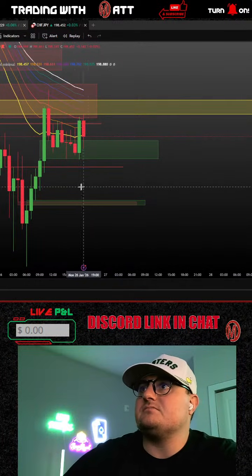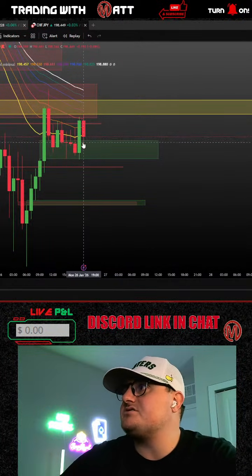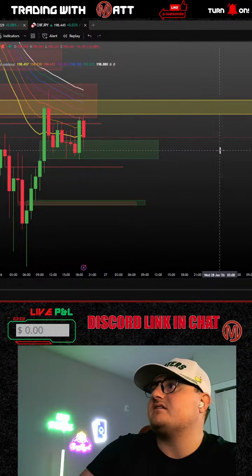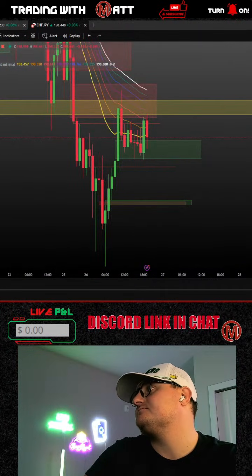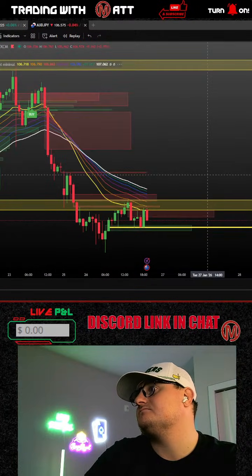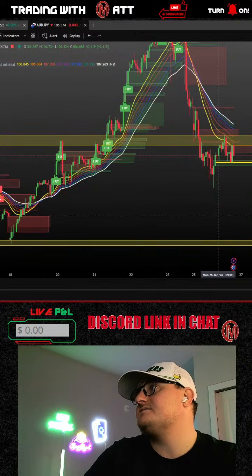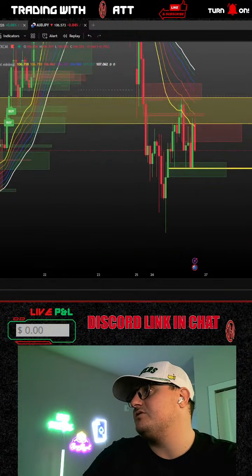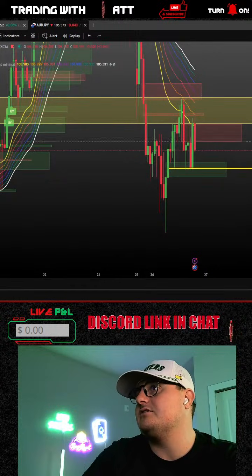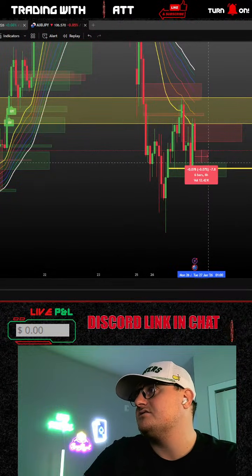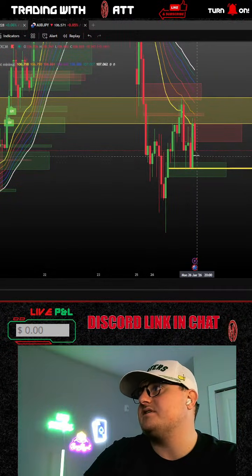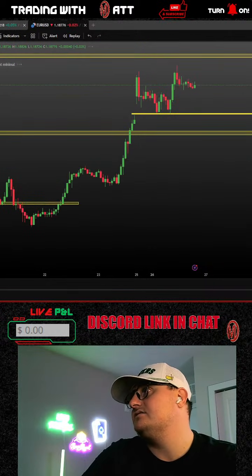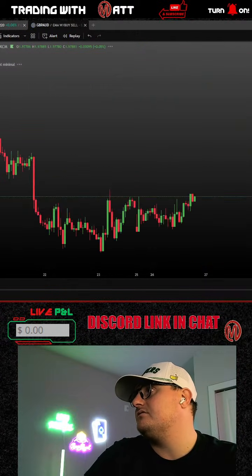It goes against our rules to trade in between fair value gaps like this. You know what I mean, guys? I'm not going to force a trade in between fair value gaps right here. Like, what are you going to do, try and catch 6-7 pips right there, hopefully? It's just not worth it.